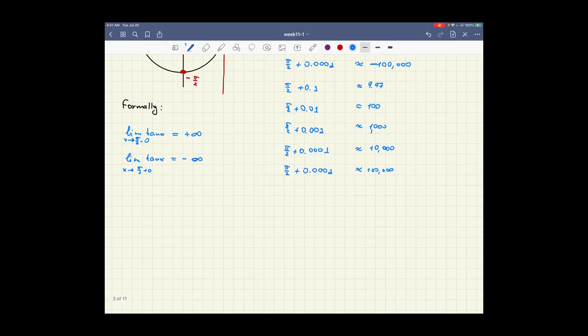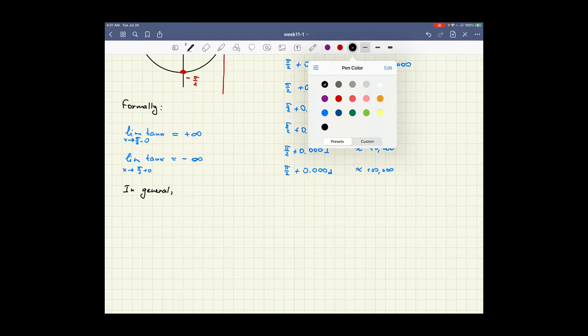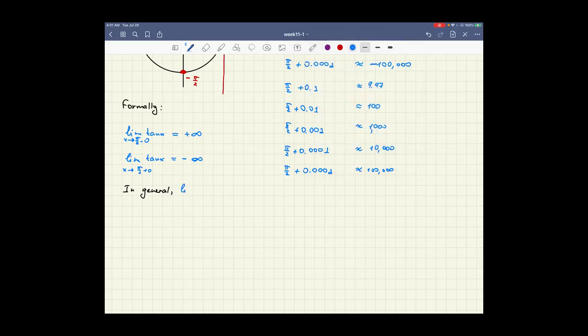In general, the same type of argument shows that the limit of tangent at any such point of the form pi over 2 plus an integer multiple of pi.